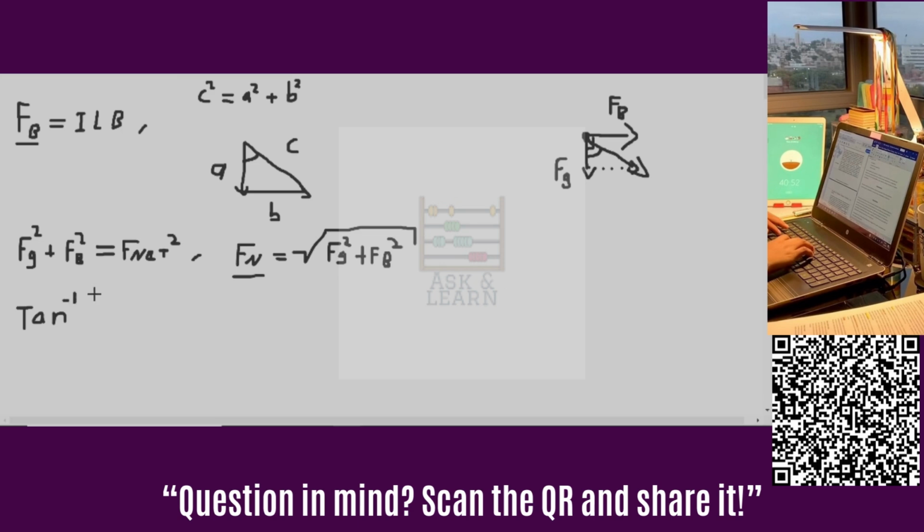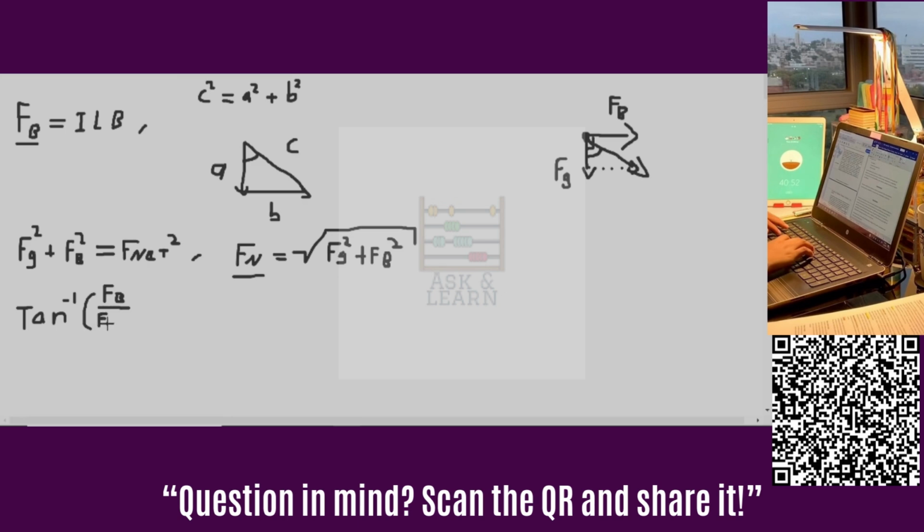Now this gives you an angle. What is it of? Tangent is the opposite over adjacent, or sine over cosine. So it's the same thing here. Our b, in this case, was our F sub B, so we have our magnetic force, F sub B, divided by our gravitational force, F sub G, or the a side.